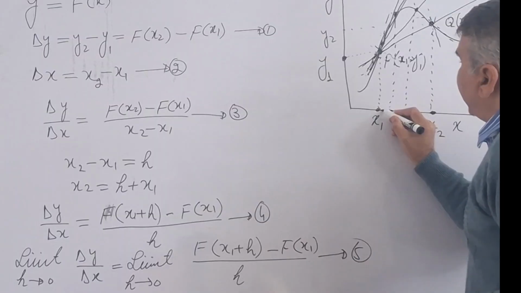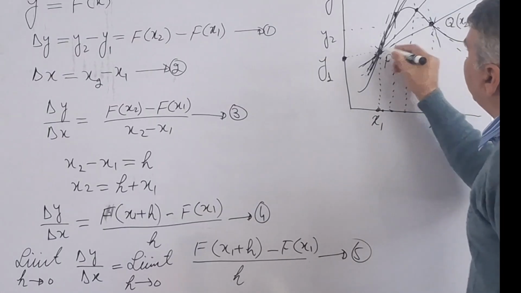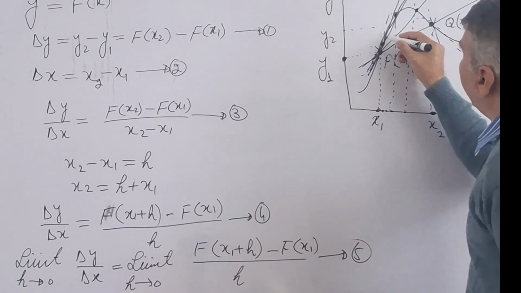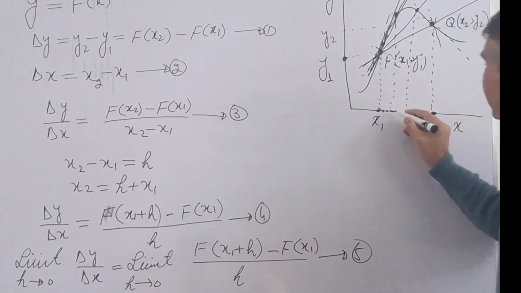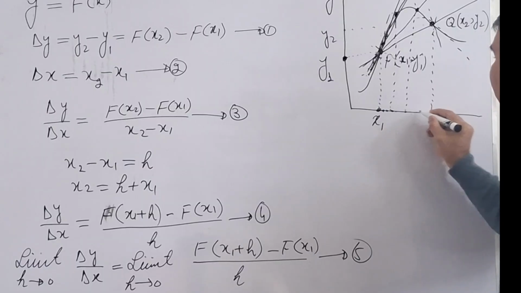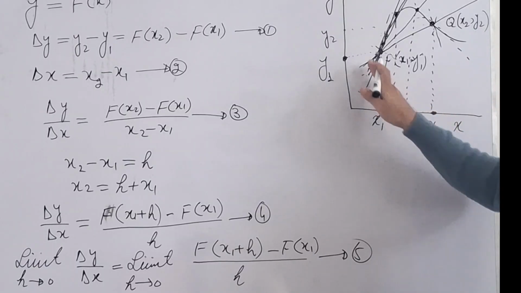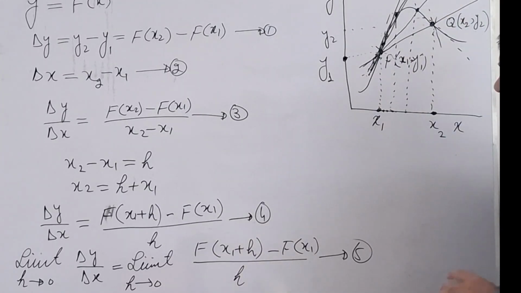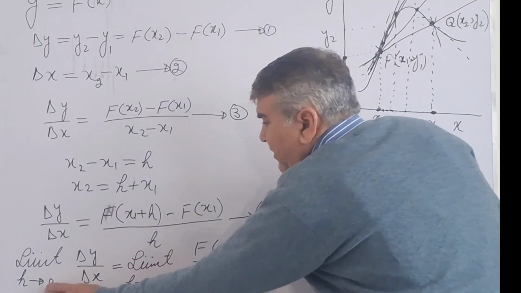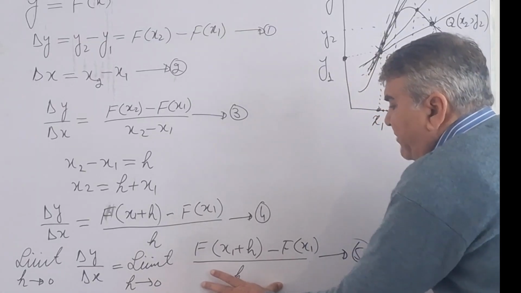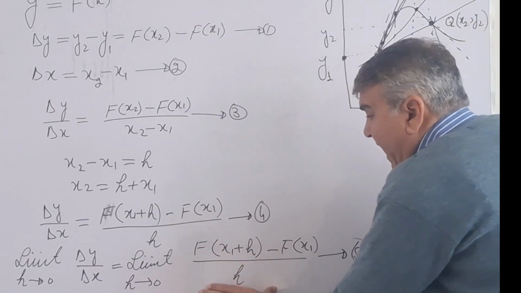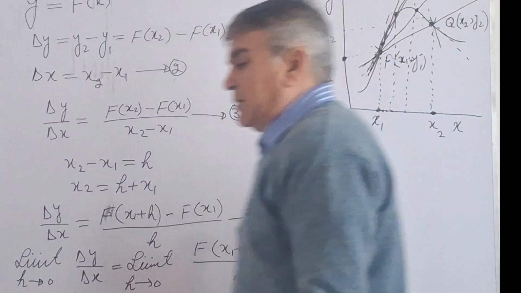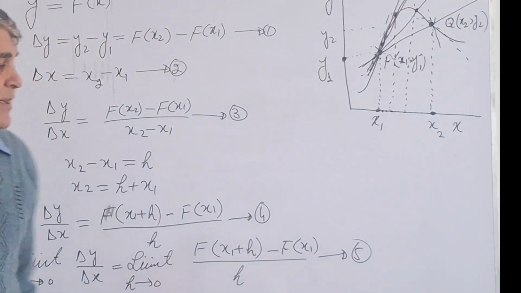For example, I take h first to this point, I move from this point to this point, then I increase h to this point, I move to this point, and so on. Keep on increasing the value of h in uniform steps, we will be able to trace the whole curve. That means this provides the information of the behavior of the function over the whole curve. So this is very important.